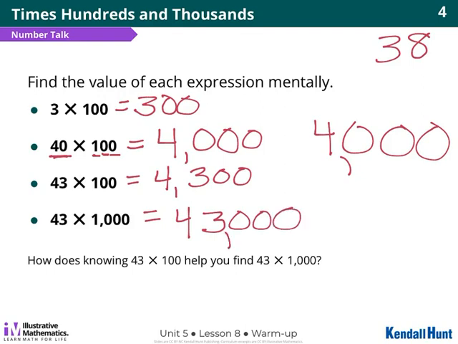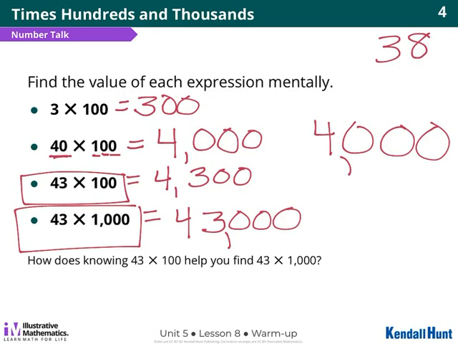So how does knowing 43 times 100 help you find 43 times 1,000? Kara. So you can figure out the question 43 times 100, and then all you really have to do is add another 0. It's just one more 0. Okay, Coral.